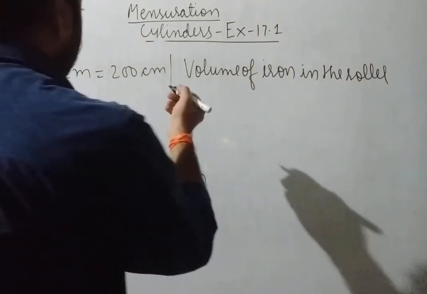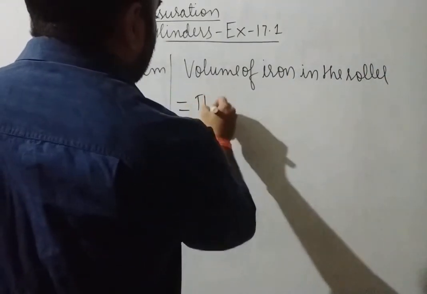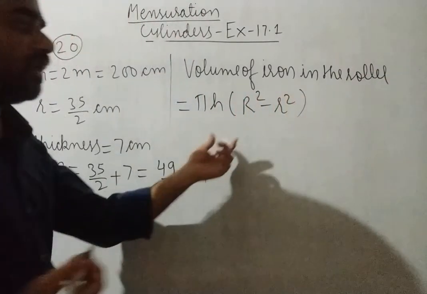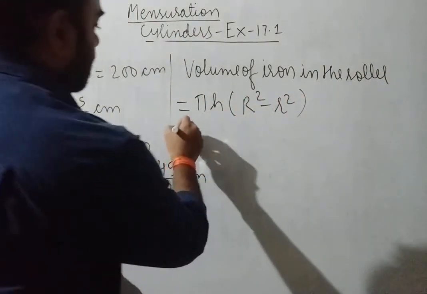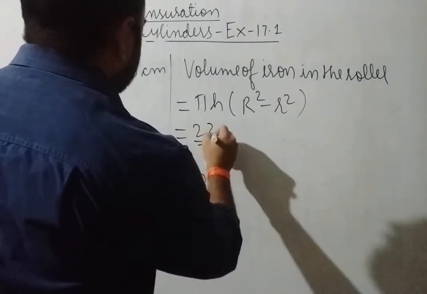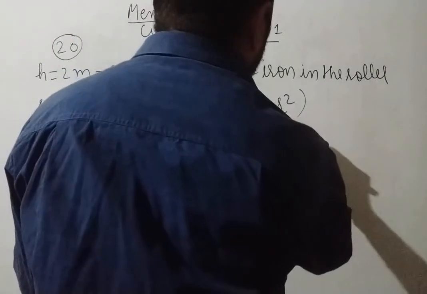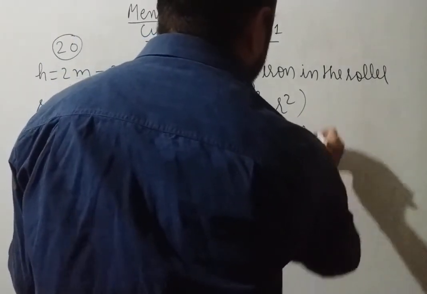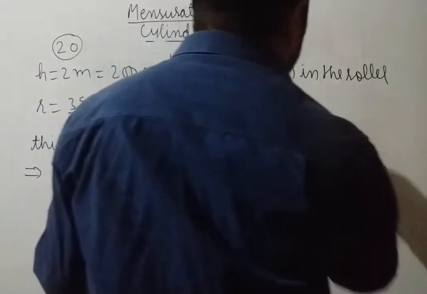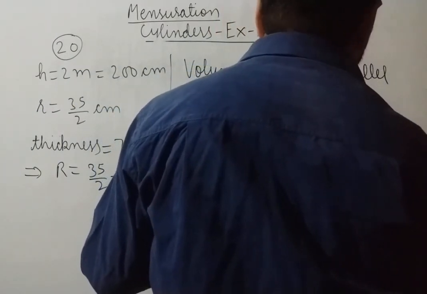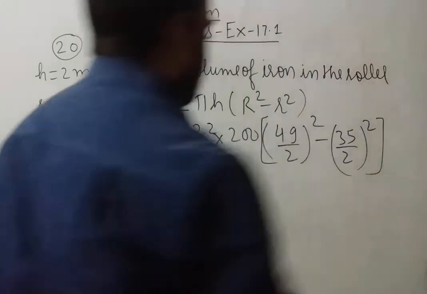Correct? So external volume means, directly I'm writing the formula we have calculated, pi h, capital R square minus small r square. So pi h is 200, capital R is 49 by 2 square minus small r is 35 by 2 square. Correct?